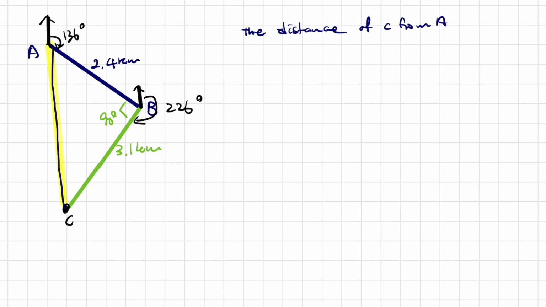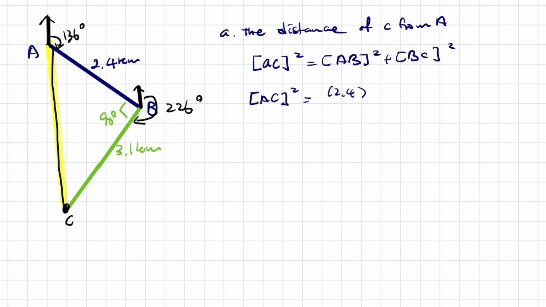Since we know this is a right triangle, we're going to use the Pythagorean theorem. So AC squared equals AB squared plus BC squared. Then AC squared is equal to 2.4 squared plus 3.1 squared.